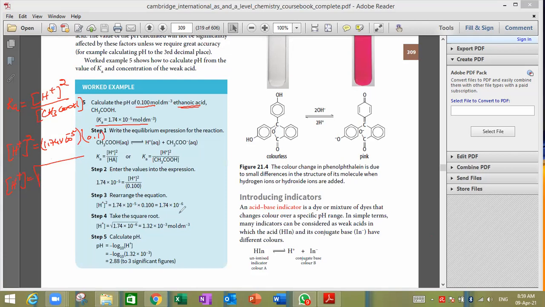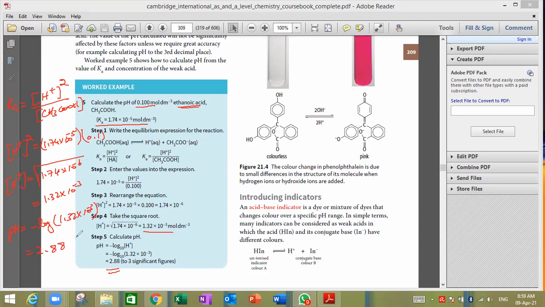So here we got 1.74 times 10 to the power minus 6. So we get the square root of this value, which is equal to 1.32 times 10 to the power minus 3. And so the pH will be equal to minus log this value, 1.32 times 10 to the power minus 3. And we get the pH value to be 2.88.